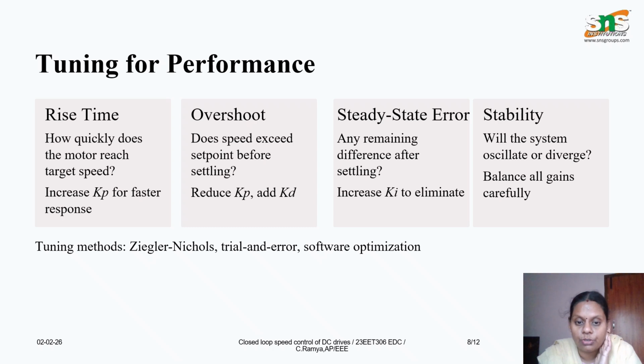Next is the overshoot, where the speed exceeds the reference value, so we can reduce the Kp value and also add the Kd value. Next is the steady state error, which is the error remaining after settling, and we increase the Ki value to reduce it. Last is stability, which avoids oscillations, and proper tuning is required.